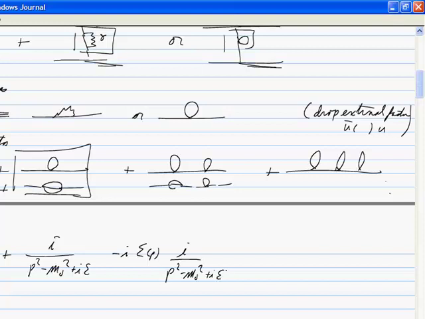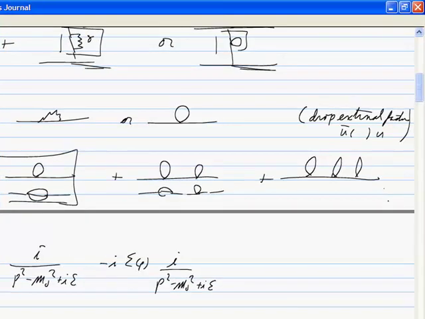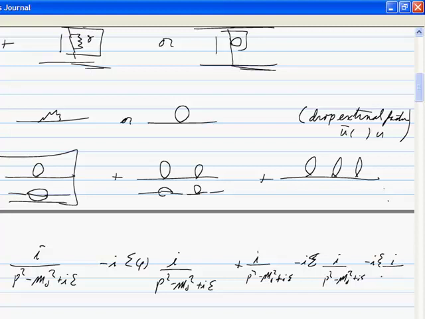Okay, so if I put this diagram in a vertex, that first one would have been just the propagator, this one would have been propagator, sigma, propagator. Now the next one I'll write out is sigma squared. So then the next one is I over P squared minus M0 squared plus I epsilon minus I sigma, minus I sigma again, and then another one.